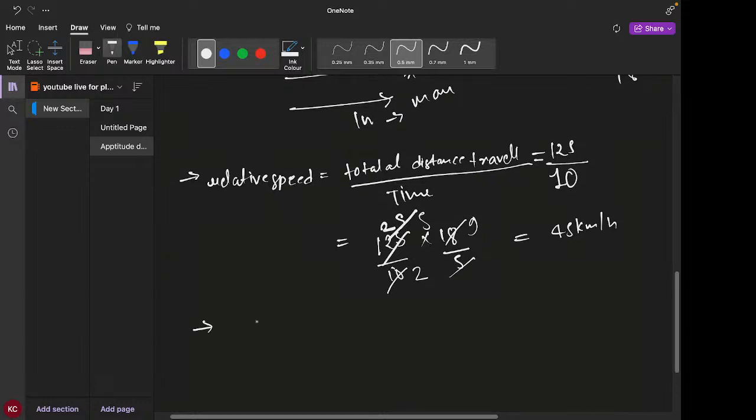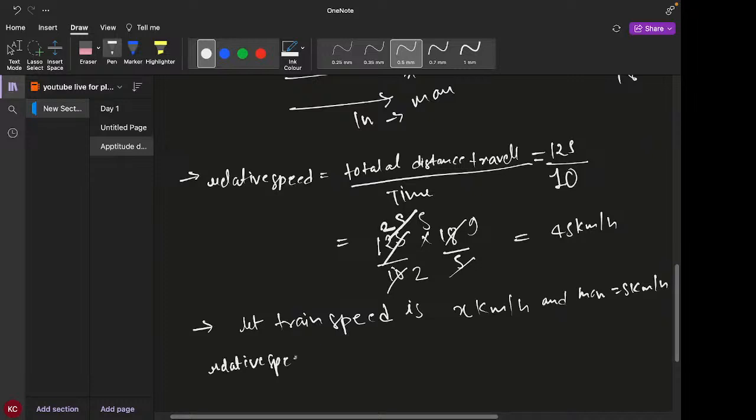And let's suppose the train speed is x km per hour, and man is equal to 5 kilometer per hour. So relative speed is equal to 45 minus 5, that is equal to 40 kilometer per hour.